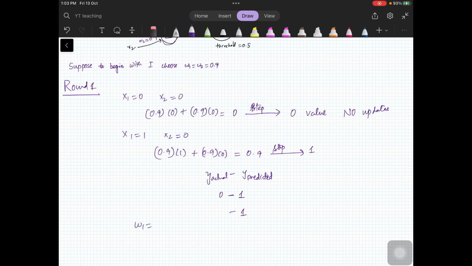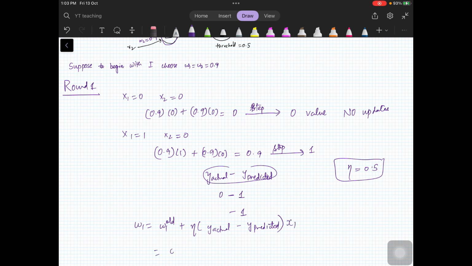So W1 would be W1 old plus my learning rate. Suppose I assume my learning rate to be 0.5. Okay, let us assume this thing. Then the error, y actual minus y predicted, and then we have our x1. So W old is 0.9 plus 0.5 into -1 into x1 is 1.